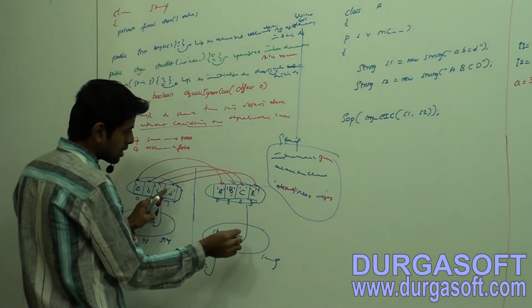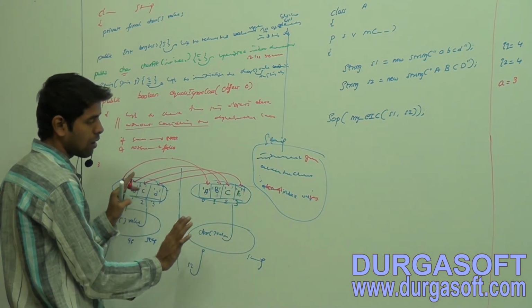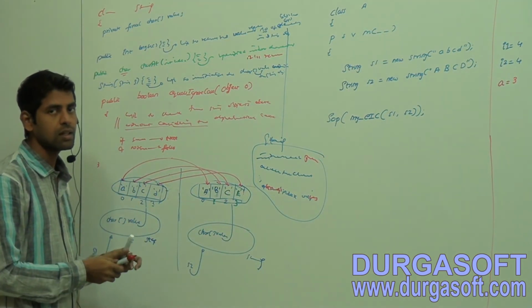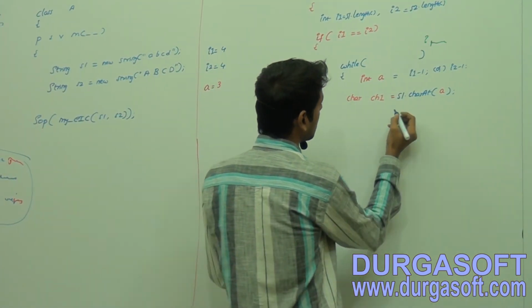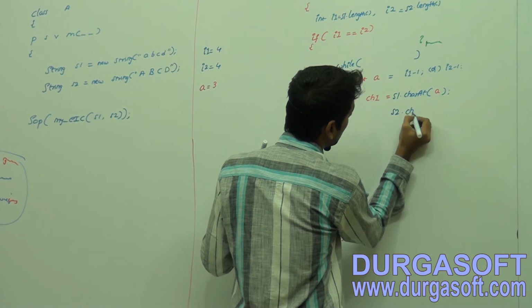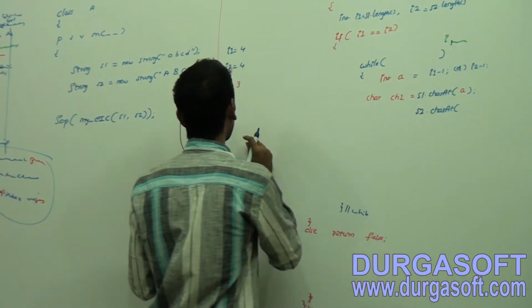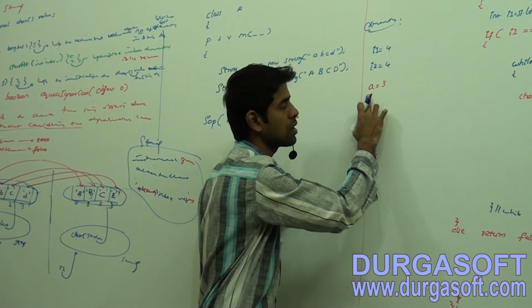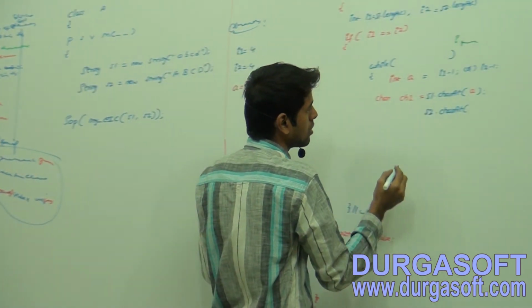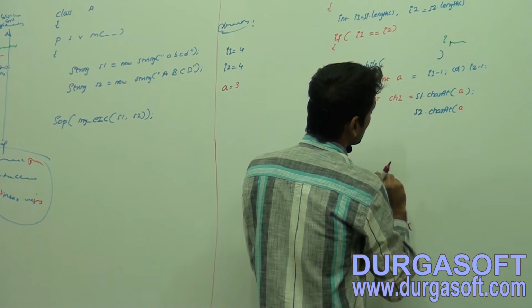Now go and take the third index character of this string object. How to take? Simple thing. Call the charAt method once again, s2.charAt of, with whom 3 is available in memory? With a. So let me use a here also.